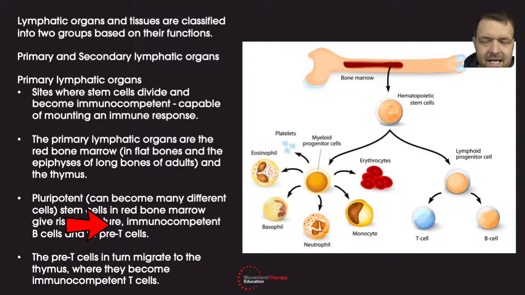So at the beginning, when they're first formed, the pre-T cells aren't fully functioning soldiers just yet. They have to go to the thymus to be programmed into whatever response the body has encountered before.